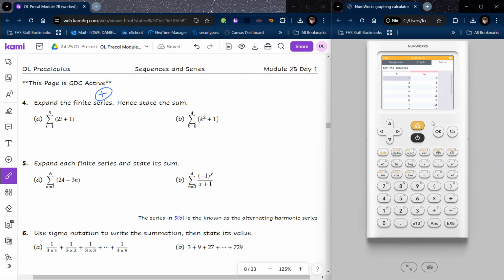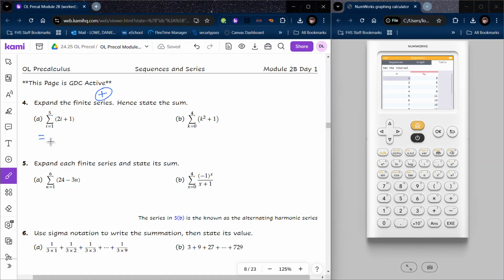So if I'm going to expand this finite series, this is going to be equal to 3 plus 5 plus 7 plus 9 plus 11.